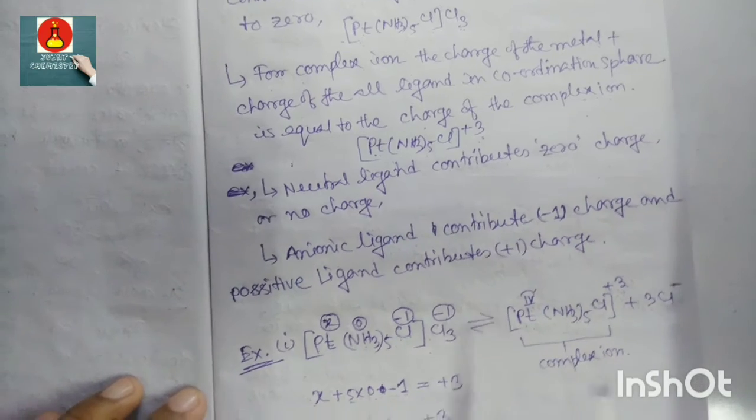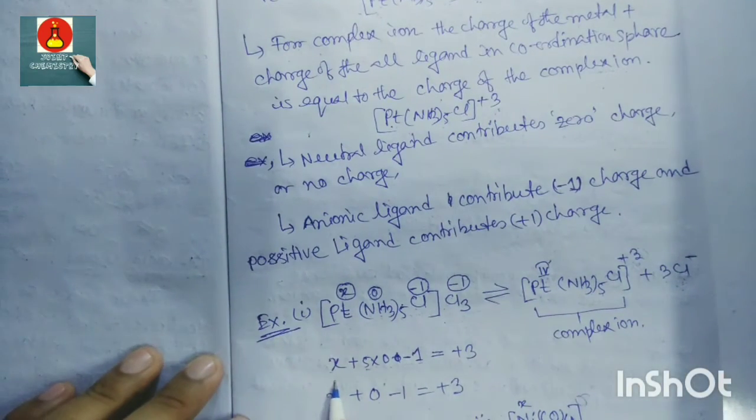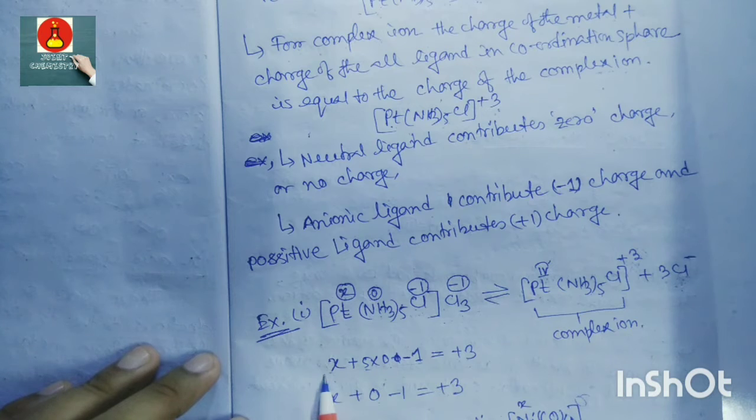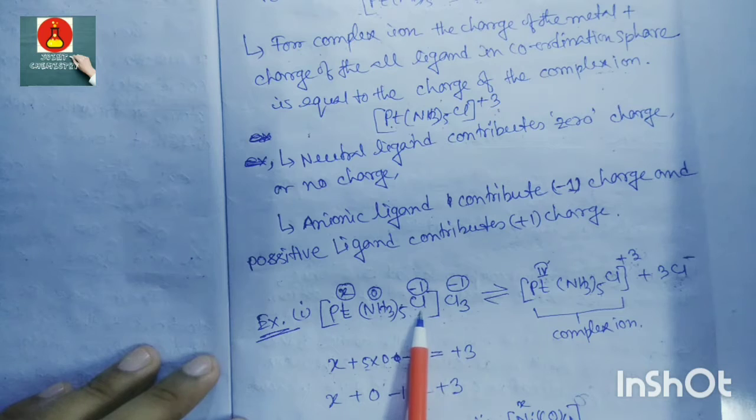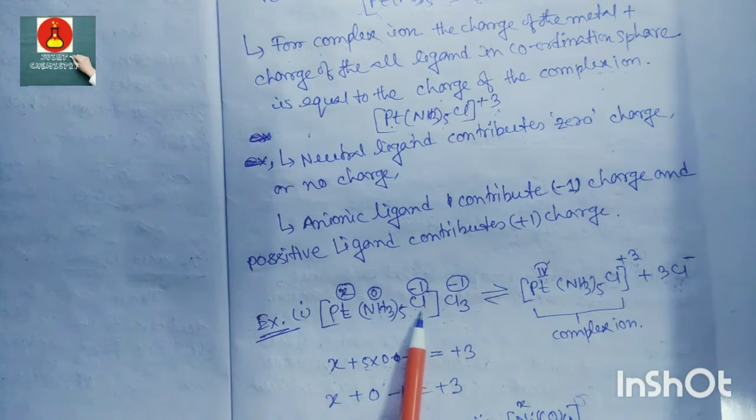So let's say the charge of this metal is X, plus every ammonia contributes 0 charge, so 5 into 0, because there are 5 ammonia in total, and each contributes 0. Then minus 1, because there is 1 chlorine ligand which contributes -1 charge, equal to +3.